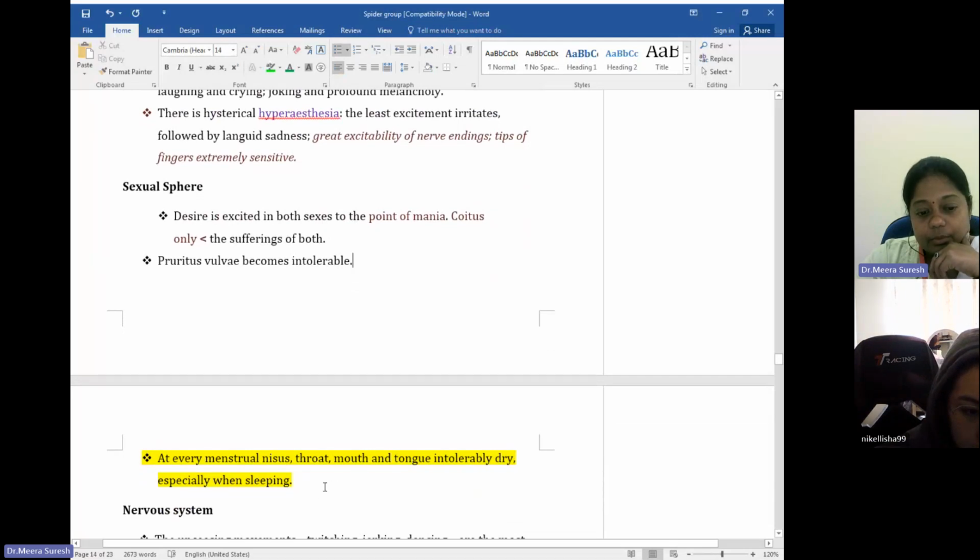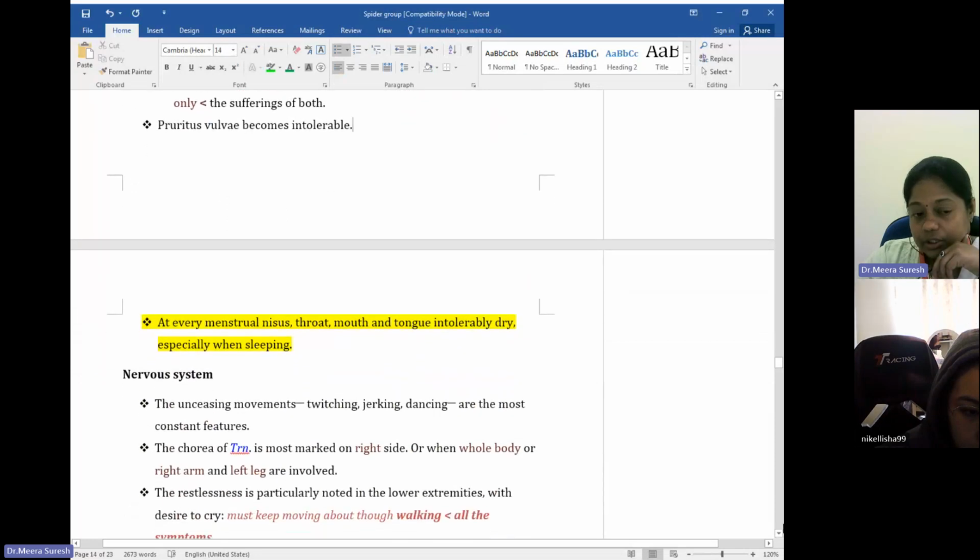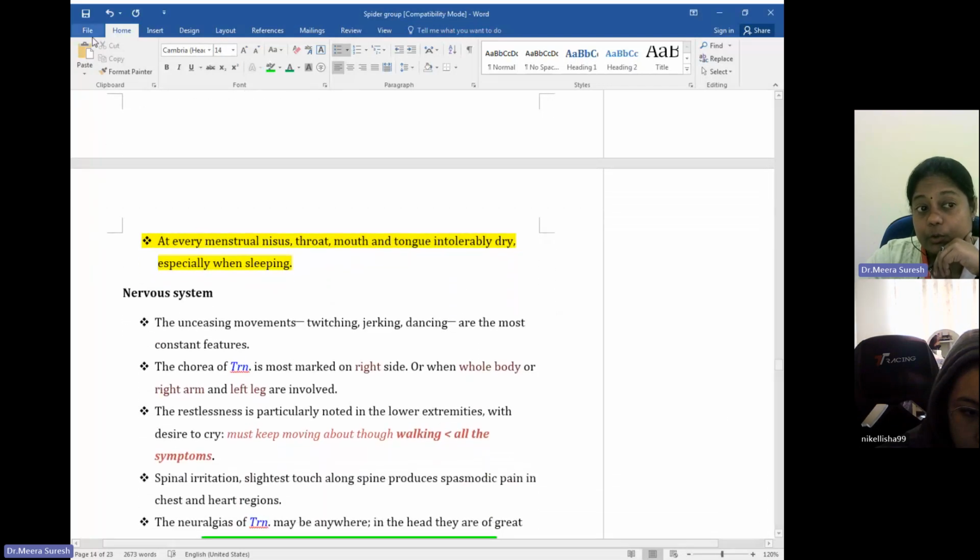And next, another important symptom you need to remember is during menstrual nisus, which means in the initial days of menses, the throat, mouth, tongue, etc. are intolerably dry, especially when sleeping. And another drug which has this symptom is Nux moschata, one of the very dry medicines in homeopathy.